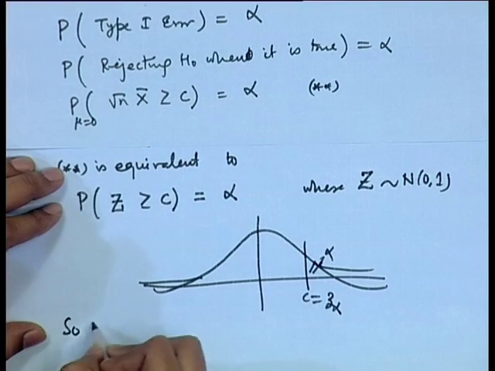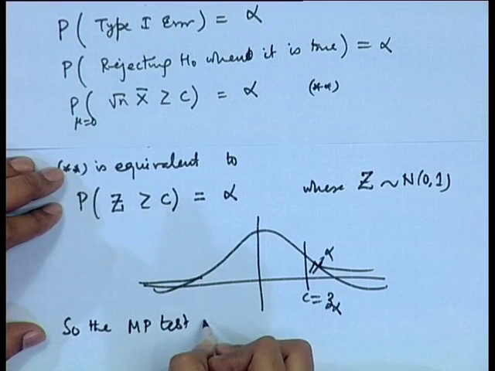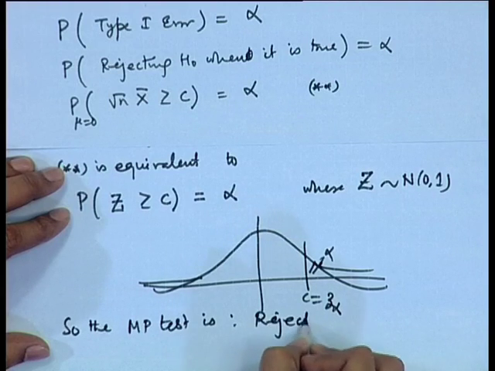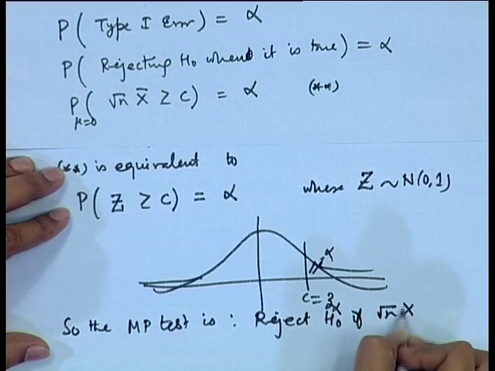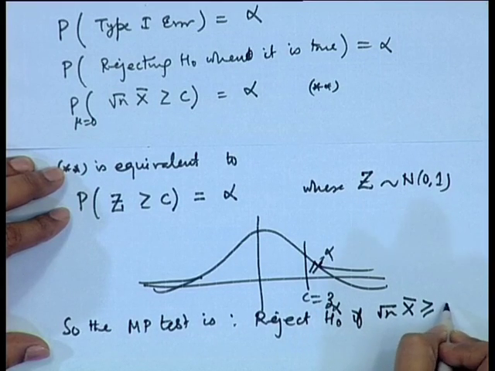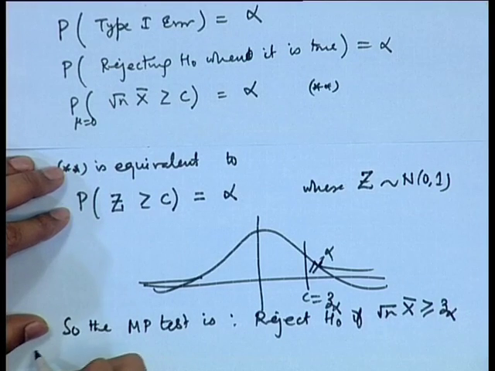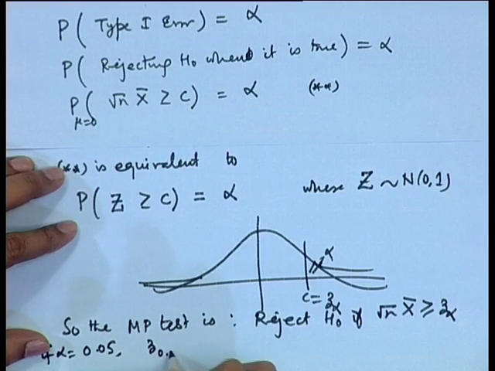So, the most powerful test is to reject H naught if root n x bar is greater than or equal to Z alpha. If I am considering alpha equal to 0.05, then Z 0.05 we know from the tables of normal distribution is 1.645.